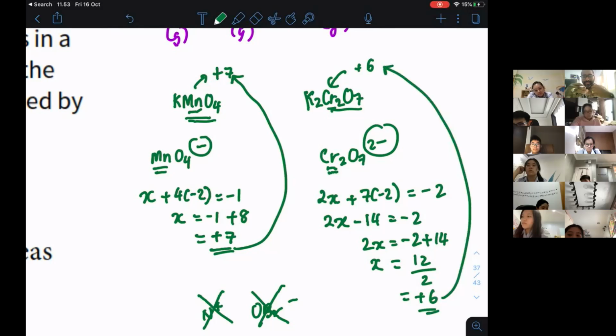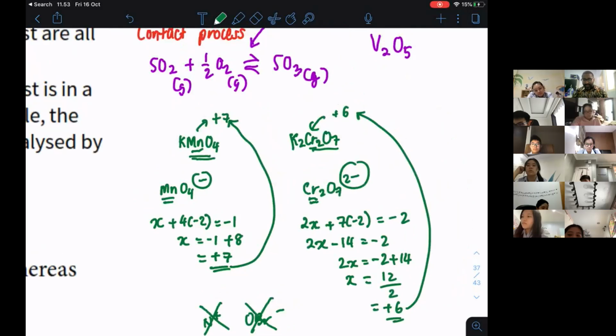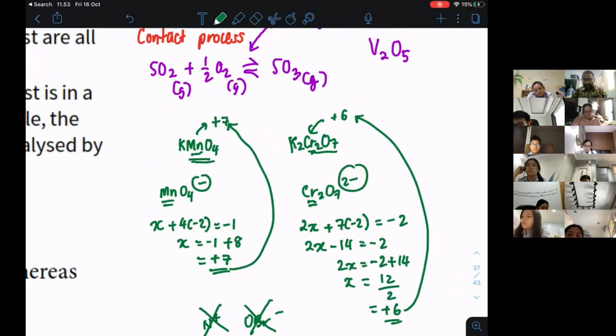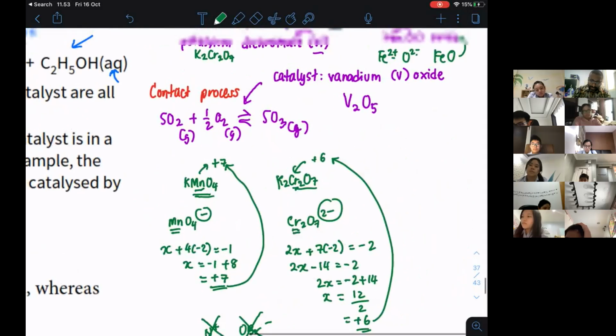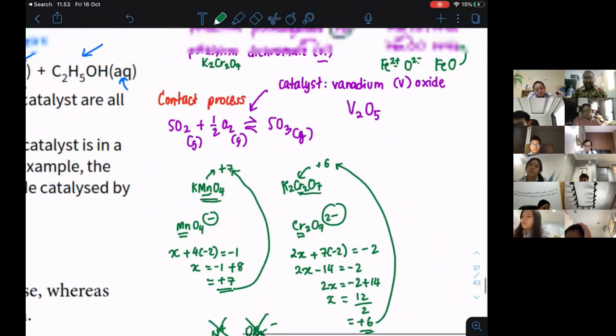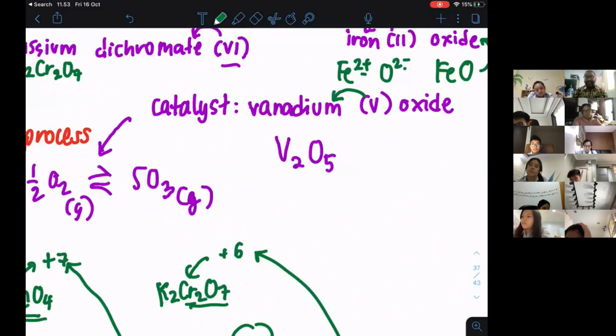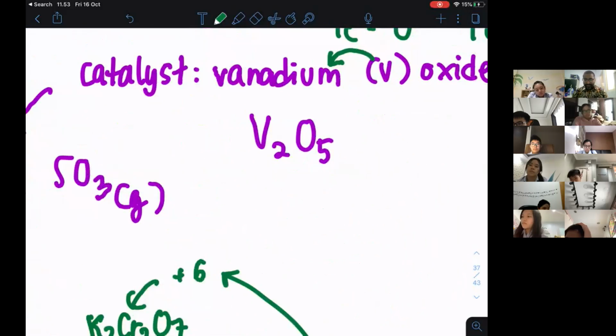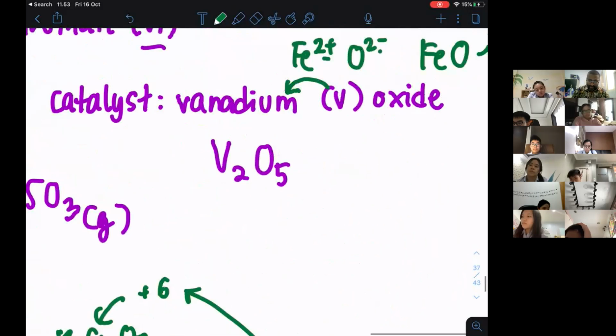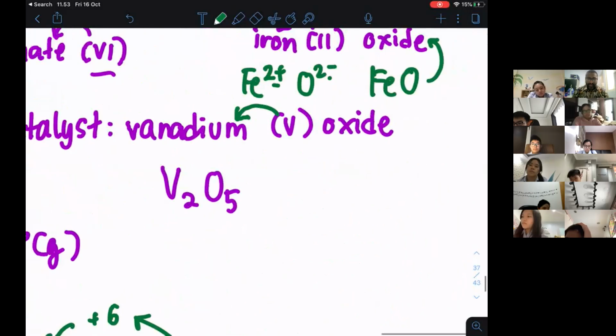Why we are doing this, I just want to show you, if I have the catalyst vanadium 5 oxide, it means that the oxidation number for vanadium is 5. So if the oxidation number for vanadium is 5, this one is going to be V5 plus, and then oxygen is always 2 minus.